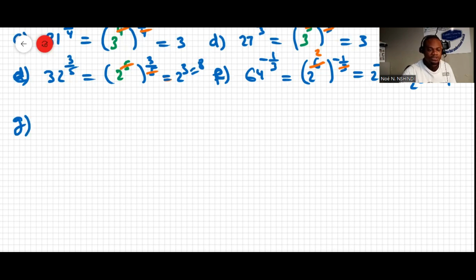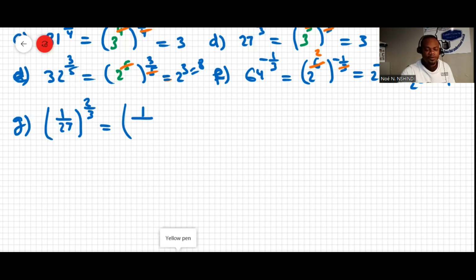G, which is 1 over 27 to the power of 2 over 3. Well, 1 over 27 is like 3 to the power of 3, to the power of 2 over 3 there.